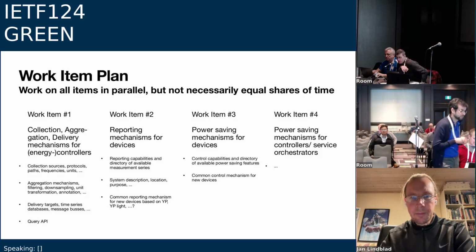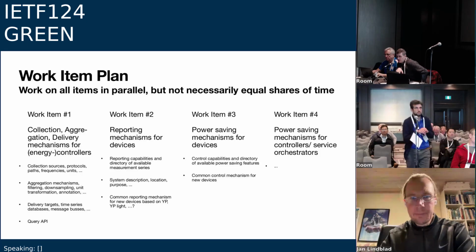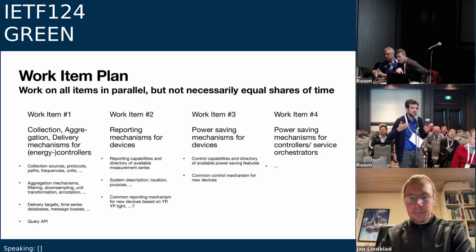I think work item 2 is device models for reporting. It's about the reporting capabilities and not about energy capabilities. The one about the device energy capability is work item 3. At least this is how I understood what Ian presented so far.